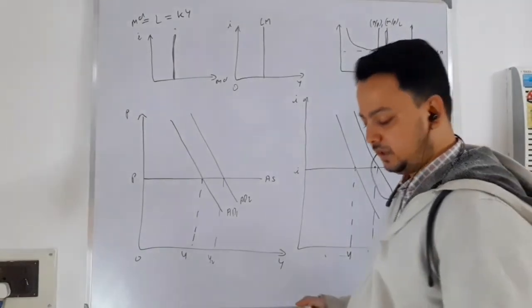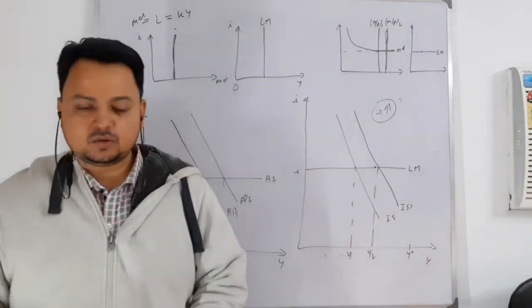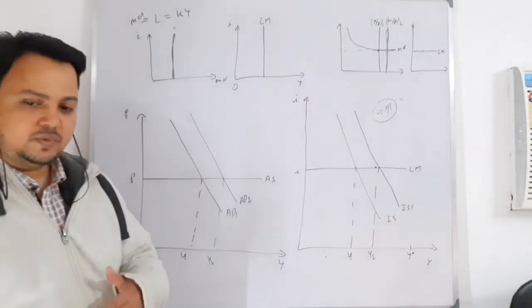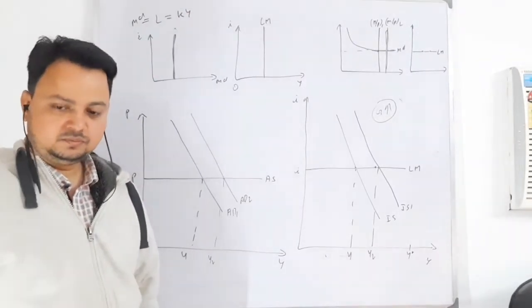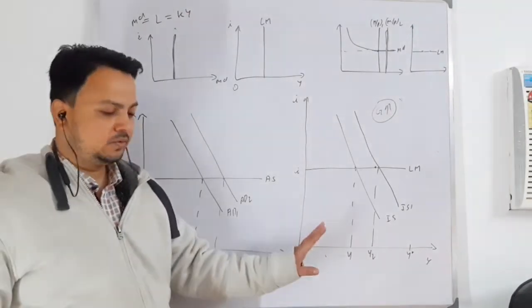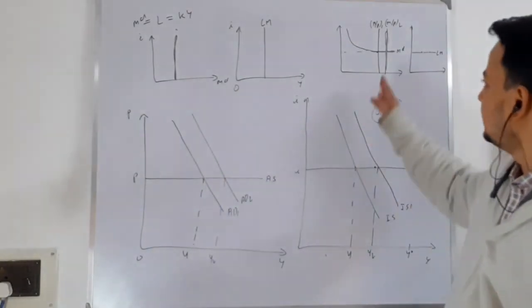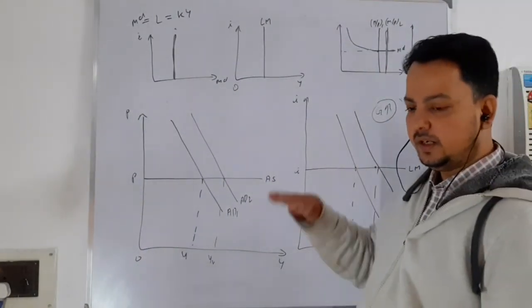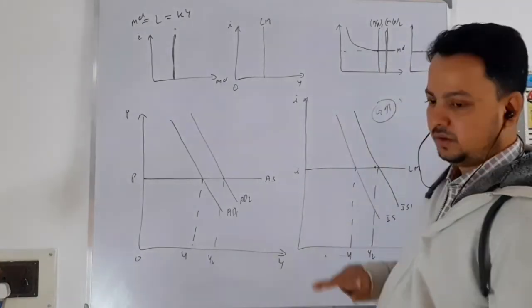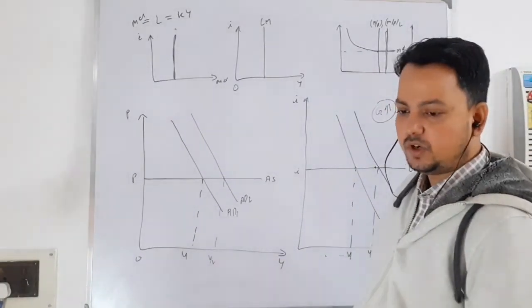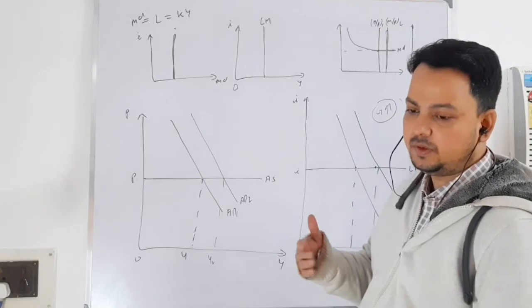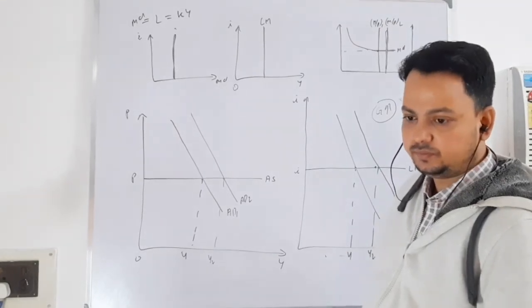That is why Keynes says that government intervention is required if the economy has to come out of recession. It is only government expenditure that can bring the economy out of recession, because if there is increased money supply, it is not going to reduce the rate of interest. If the rate of interest is not going to come down, people and firms are not going to invest.